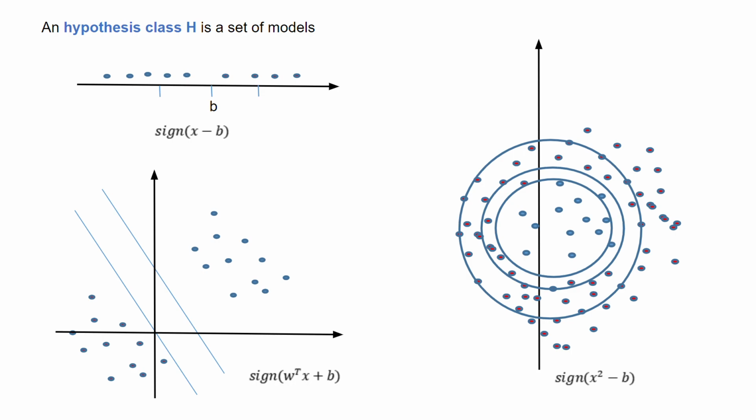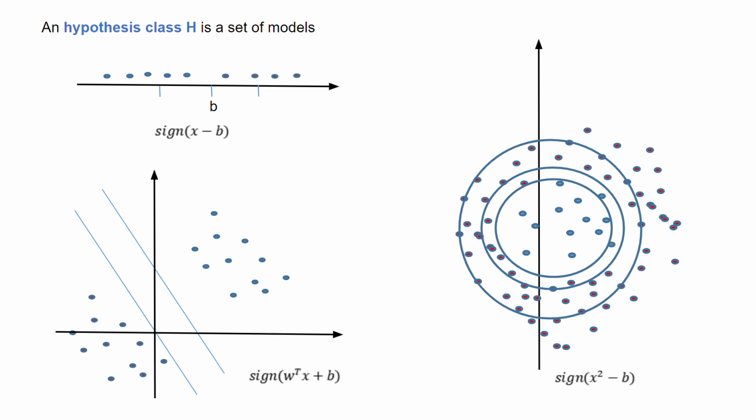Now, coming to the third, which looks very complex. The blue points and the red points seem to be scattered all around, but if we observe carefully, the blue points lie inside a circle, and all the red points lie outside the circle.